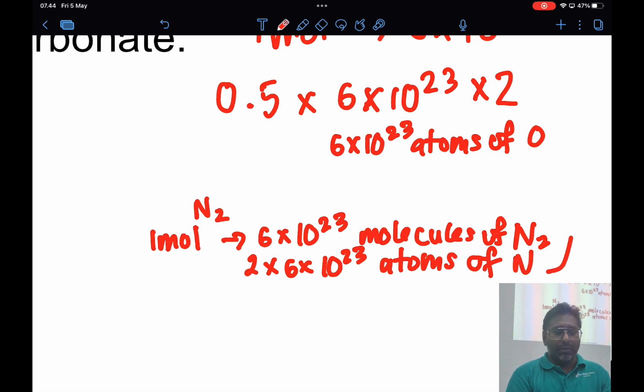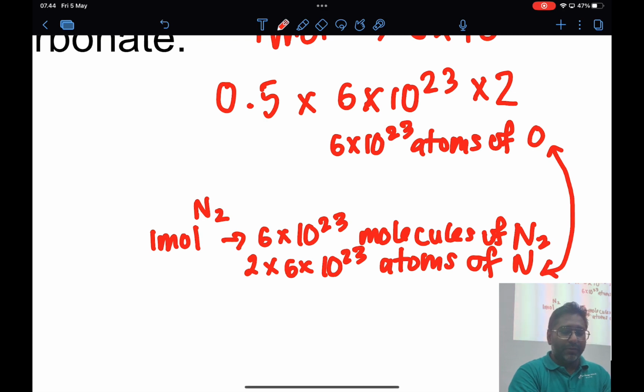Now how do I relate to this? Of course I need to divide by 2. This 2 times the Avogadro constant is for 1 mole of nitrogen. If you want the Avogadro constant only, it must be divided by 2.